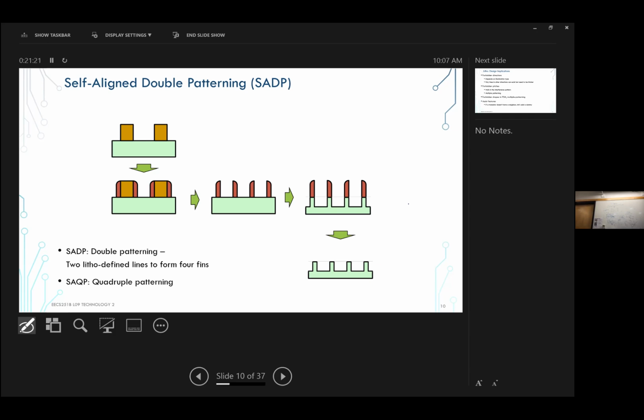They will deposit some kind of material around that. They will expose that, remove the sacrificial thing, and etch into the material to define the fins. And they can keep going with it, and they can go to quadruple patterning. This is cheaper, with fewer masks.